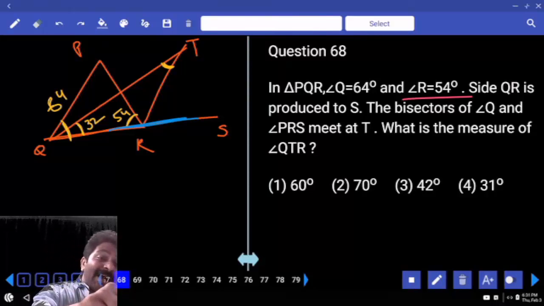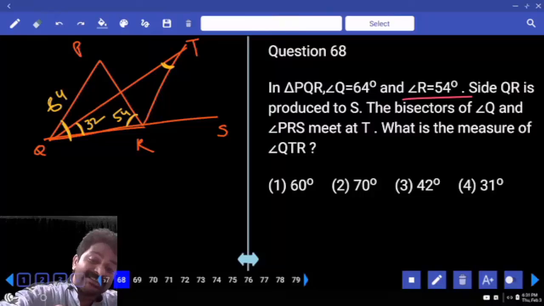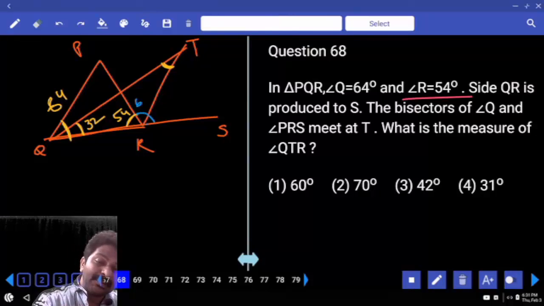Then the other side must be equal to 180 minus 54, 126. From 126, again we have an angular bisector, right? 126 will be equally divided, 63.